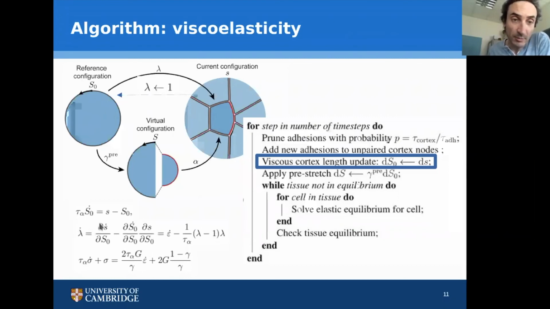And you can just do a little hand-waving argument that this does recapitulate what happens with the Maxwell model for the stretch of these rods. If you say that the reference configuration obeys a relaxation equation like this, you find that for small lambdas, for lambda close to 1, you have something like a Maxwell equation with a pre-stress here. And this pre-stress is related to the pre-strain that you've imposed between reference and virtual configuration.